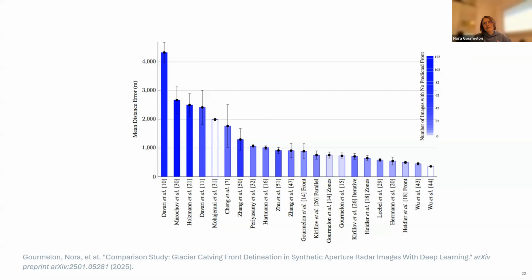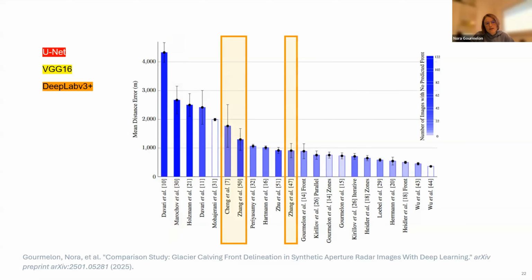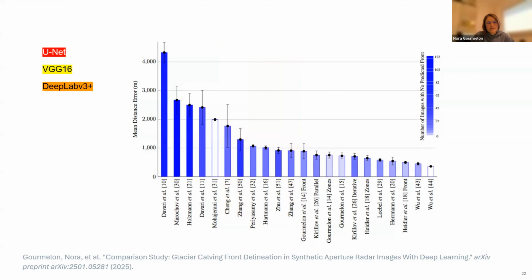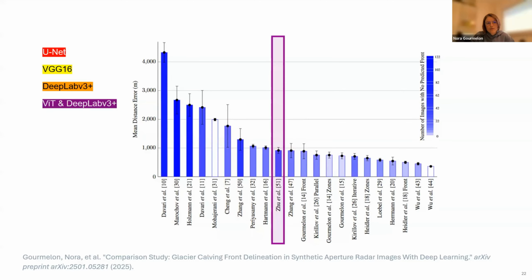And we analyzed these results to find out in which direction research should focus in the future. So the first thing we looked at was the architecture. So here you can see all that are somehow based on the U-Net. Then we have the VGG16 as base architecture, DeepLab v3+, a combination of DeepLab v3+ and the ViT, and other ViT-based architectures.